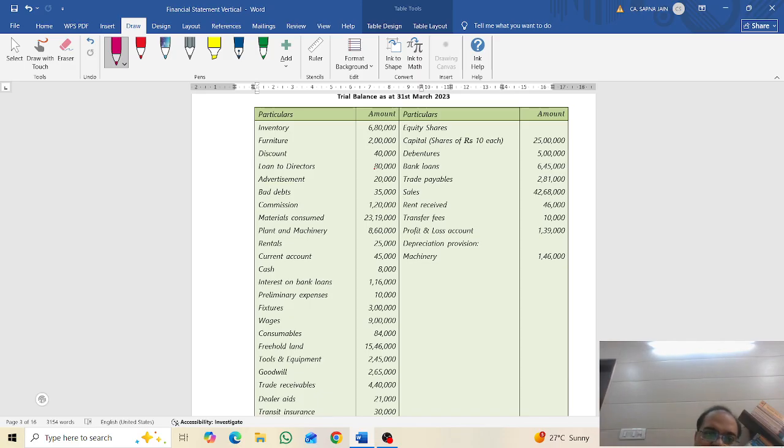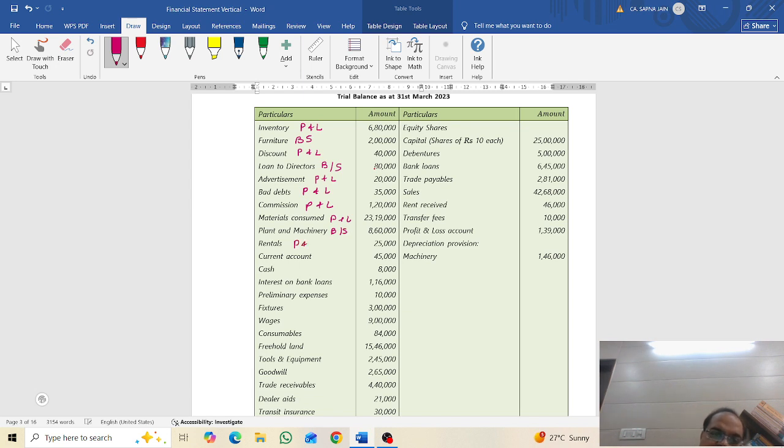Like inventory related to profit and loss account, furniture related to balance sheet, discount related to profit and loss account, loan to director related to balance sheet, advertisement is an expenditure related to profit and loss account, bad debts related to profit and loss account, commission related to profit and loss account, material consumed related to profit and loss account, plant and machinery is the balance sheet.